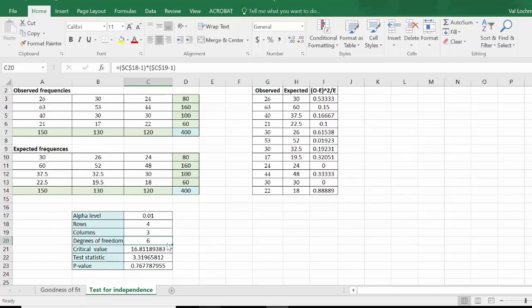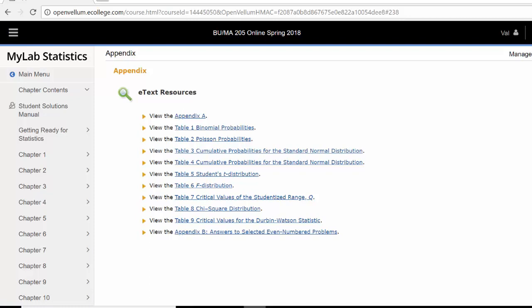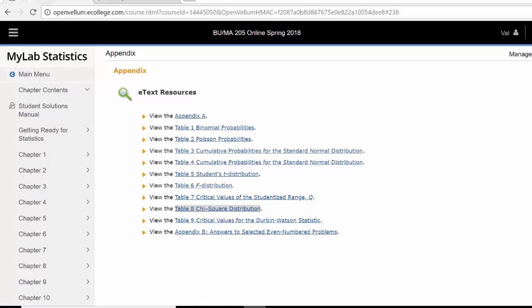Okay, we found our critical value, the test statistic, and the p-value. So all of that is found. Critical value: we have that computed. Let's say you don't have this spreadsheet and you want to use the table. Let's go back to our table. It didn't load. Well, what would you be using?